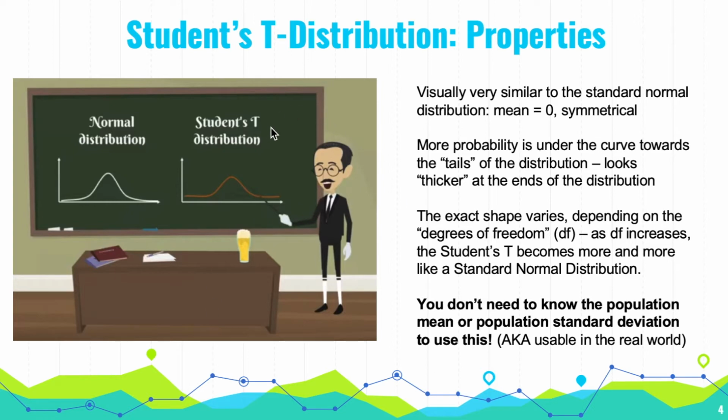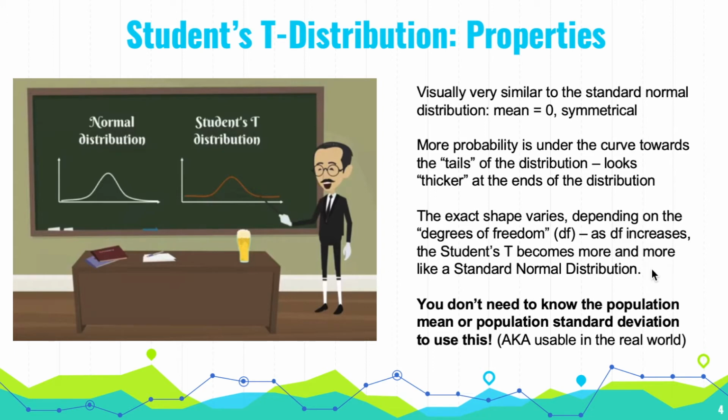What's cool about the Student's t-distribution is the exact shape varies depending on your degrees of freedom. We're going to abbreviate that as DF throughout the course. As DF increases, which is dependent on your sample size, as your sample size increases, your Student's t-distribution is going to change.